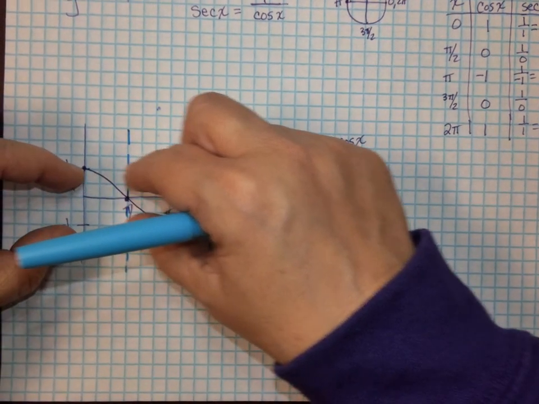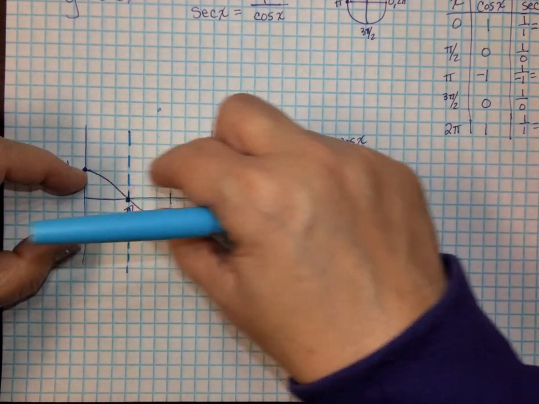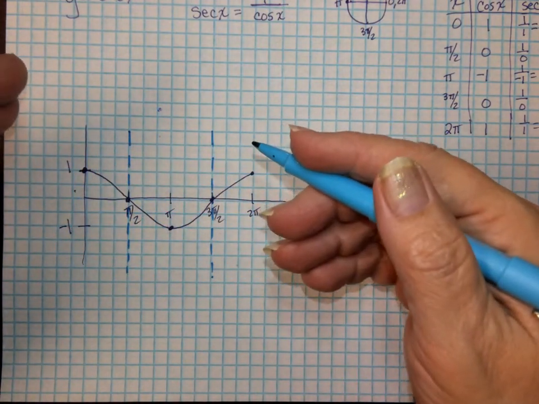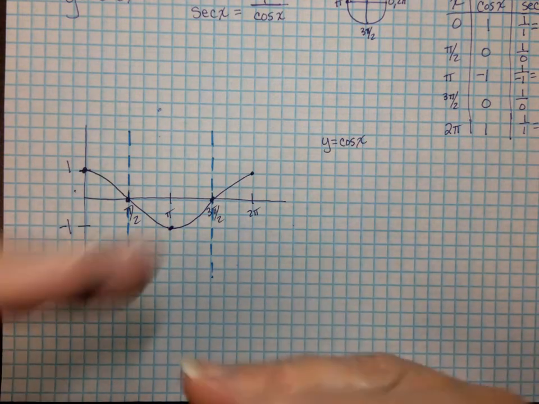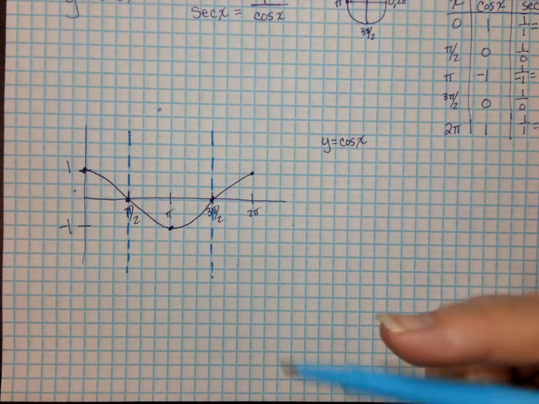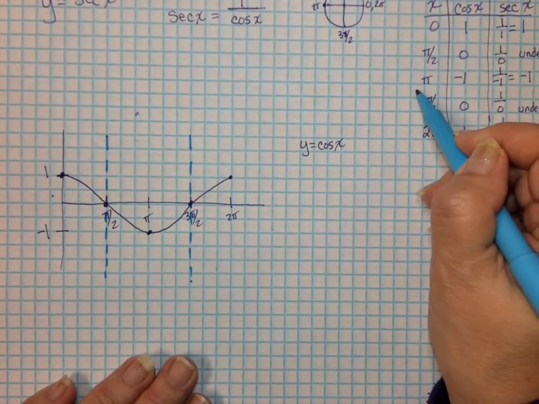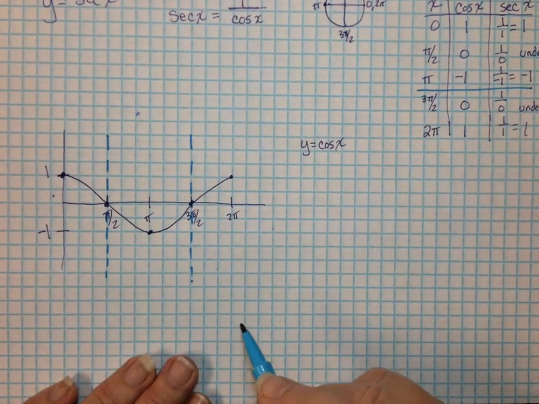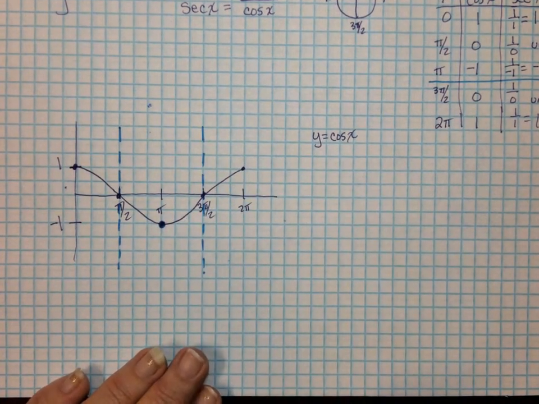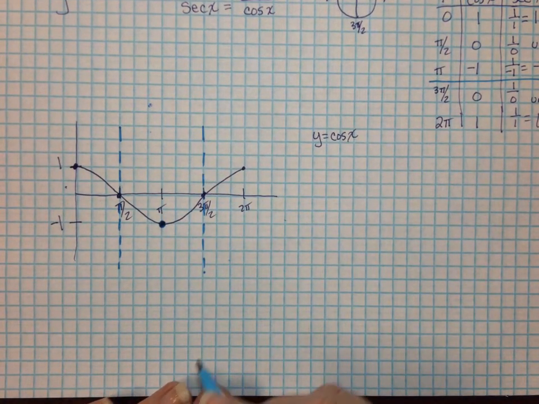Now, my cosine values are all in between -1 and 1. My secant values are all going to be 1 greater, -1 less than. So remember here at pi, my secant is -1. So cosine and secant share that point.